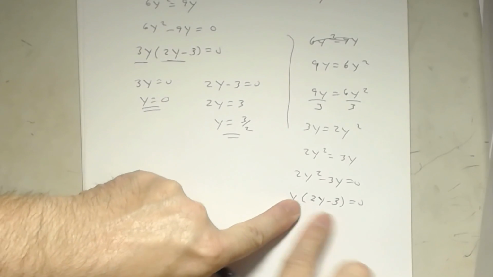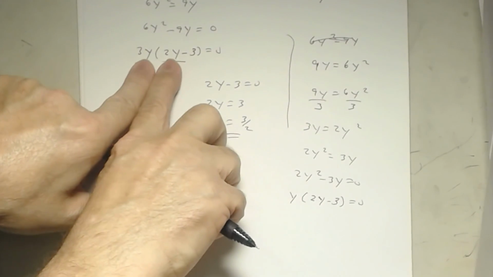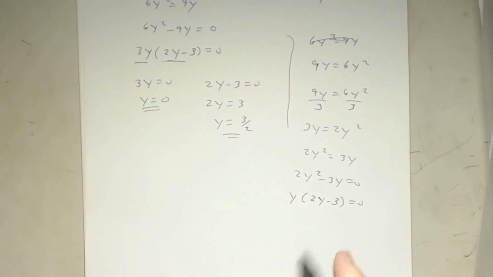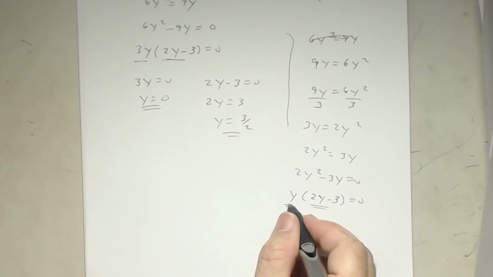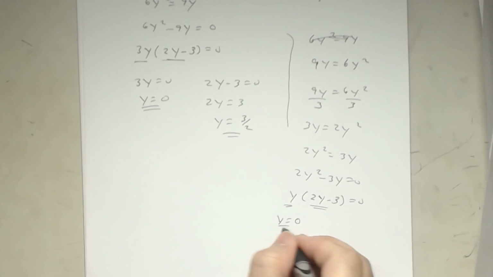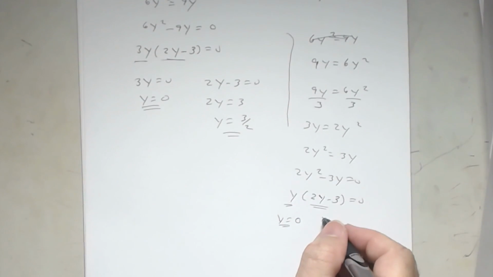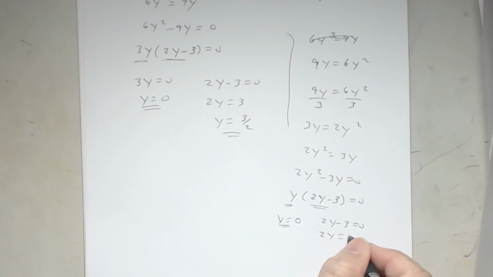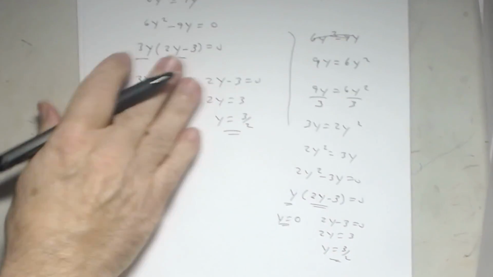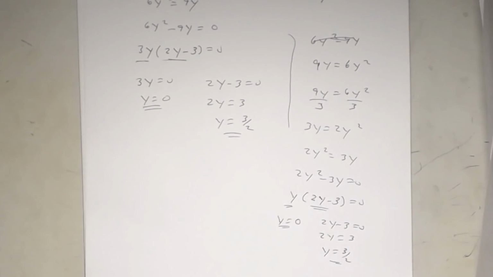And now you see this part here? That's this part right here, without the 3. So then you set each one equal to 0. So y has to be 0. Here I get 2y minus 3 equals 0, which means 2y has to equal 3, which means y has to equal 3 halves. Okay, so it did not matter what approach you took.